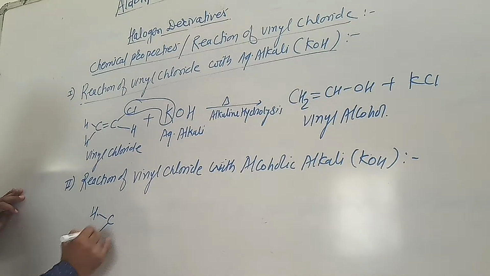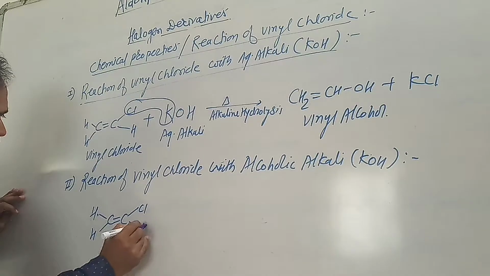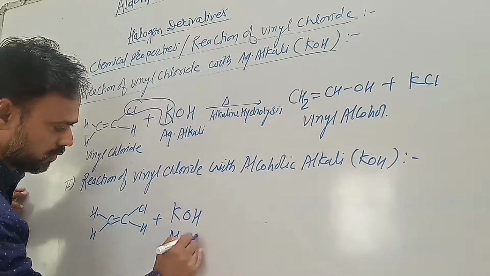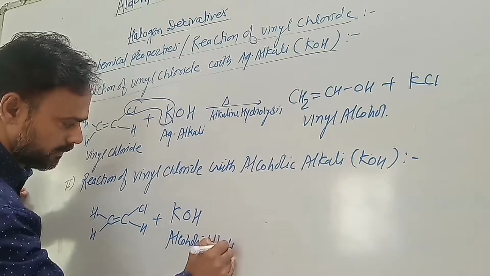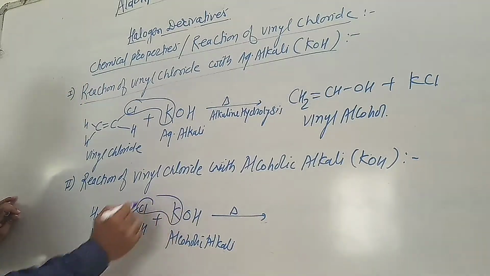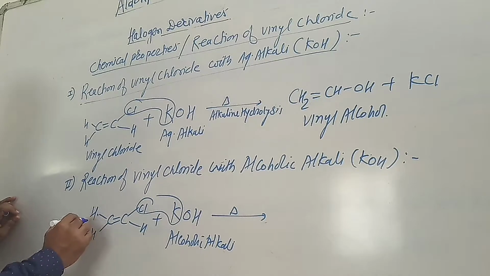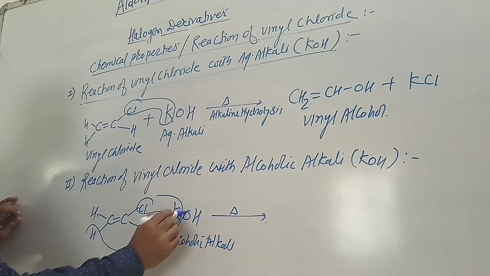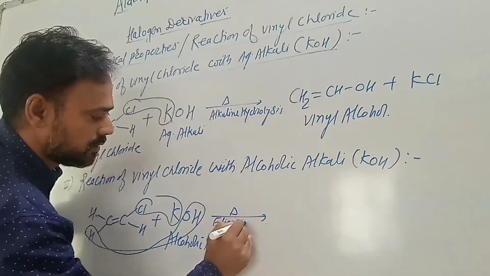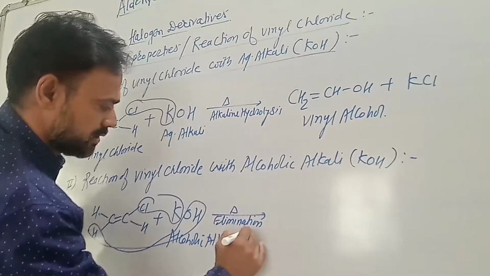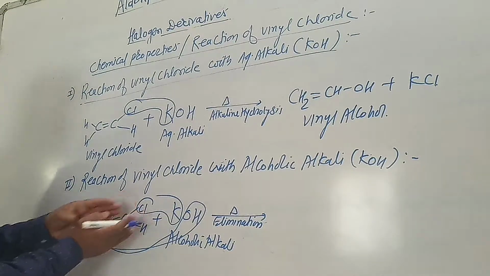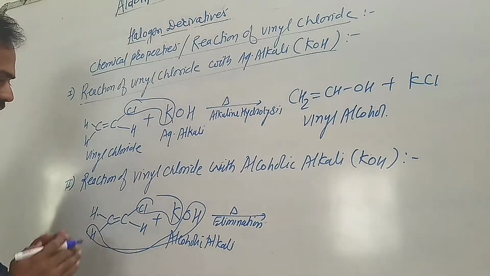When vinyl chloride reacts with alcoholic alkali, an elimination reaction takes place. In this reaction, dehydrohalogenation takes place: halogen as well as hydrogen is given out.